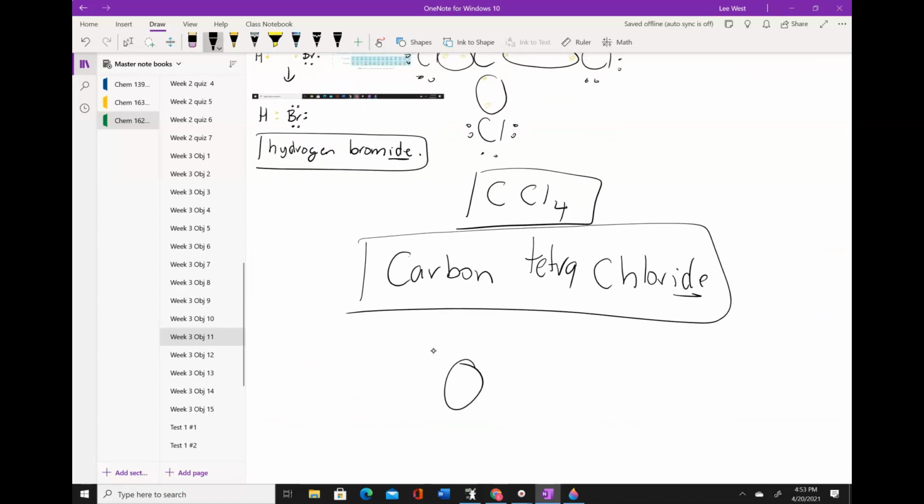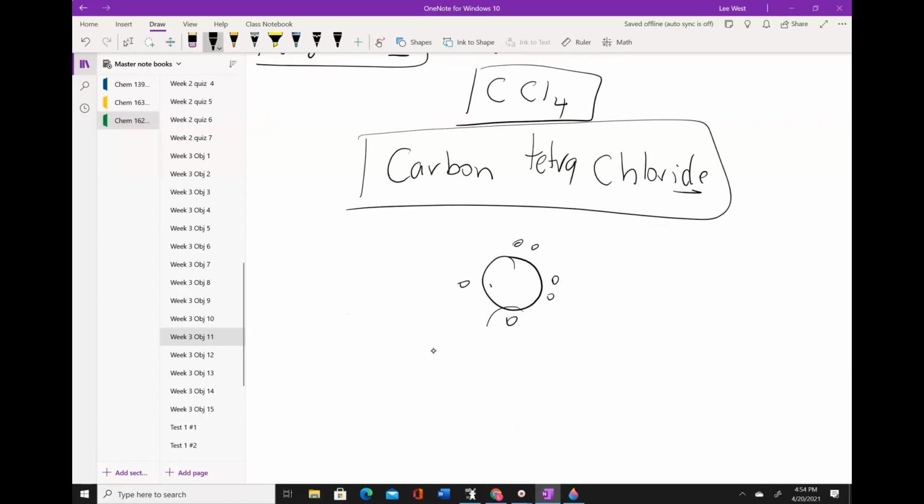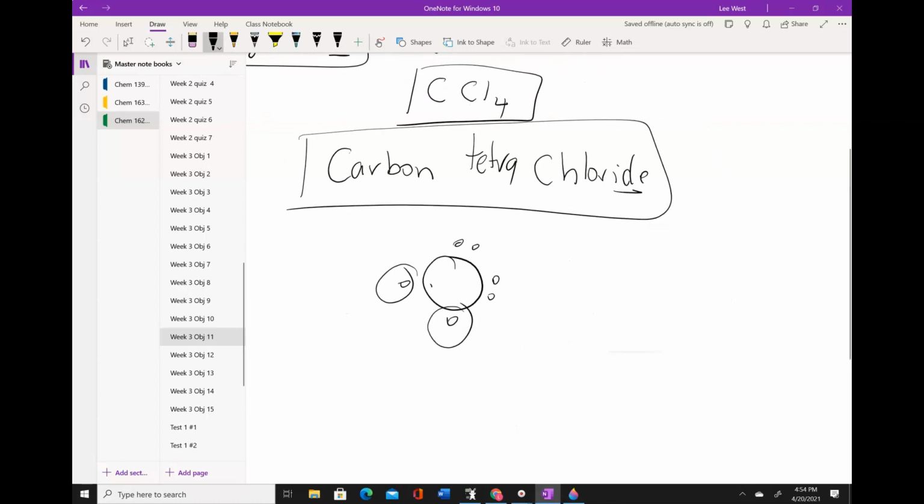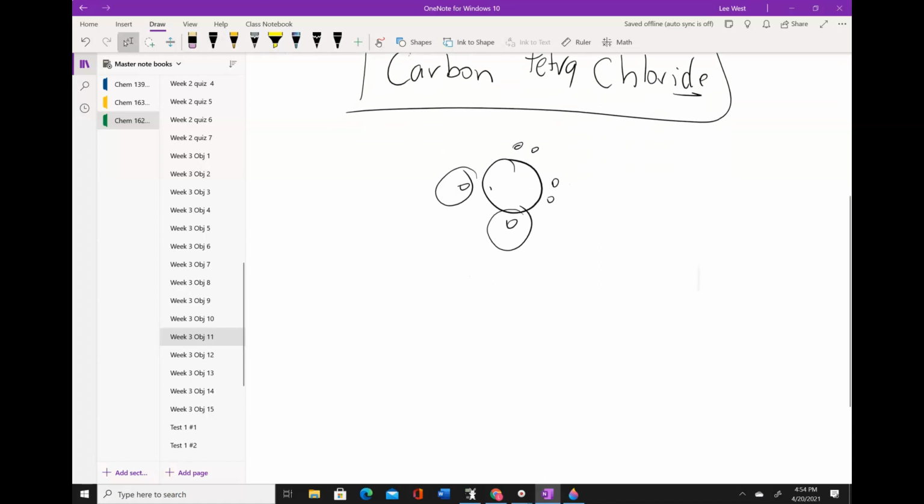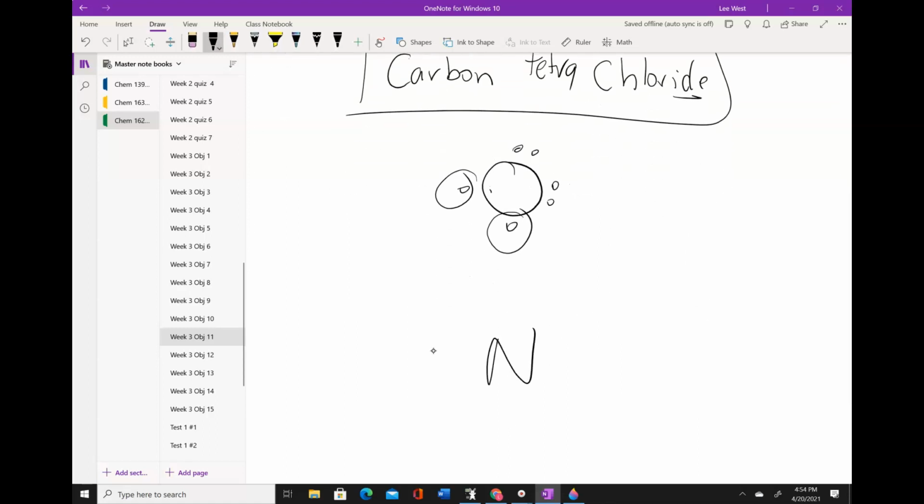There we go. Now, yeah, it's not easy. If I look at an oxygen atom, 1, 2, 3, 4, 5, 6, you can see oxygen I would expect to make 2 bonds. Doesn't always, but it's what I would expect. If I look at a nitrogen atom, group 5A, 1, 2, 3, 4, 5, I would expect it to make 3 bonds.